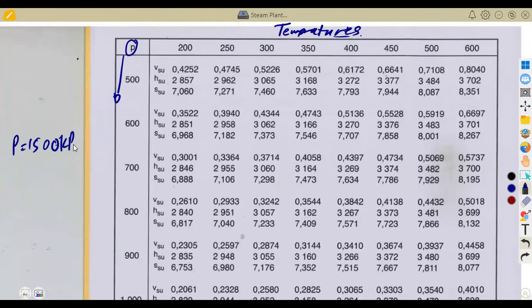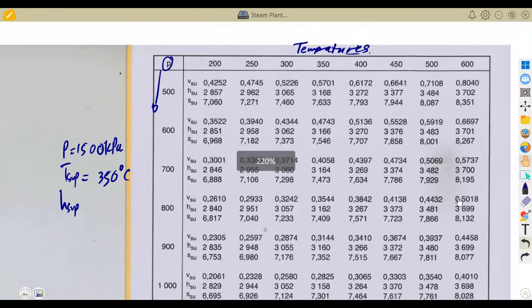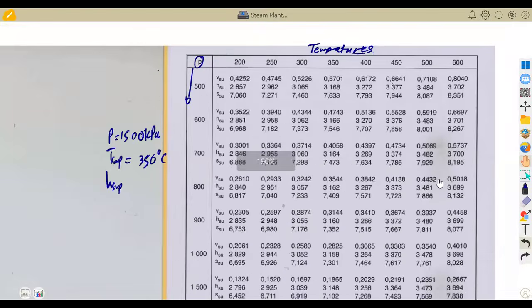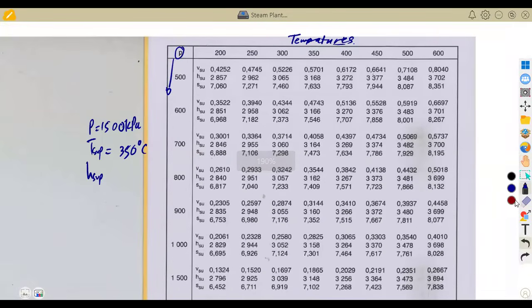This is the pressure that we want, at a temperature of what? At a temperature of 350, the one that we are given there. What is going to be h_sup? If we check here, there's h_sup. So we are able to find h_sup directly from there. Let's go to 1,500 under pressure, somewhere here, 1,500 kilopascal.